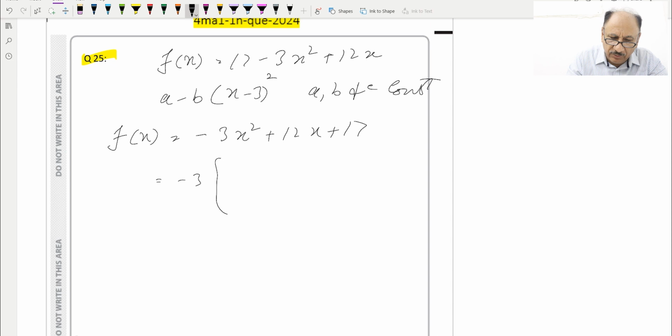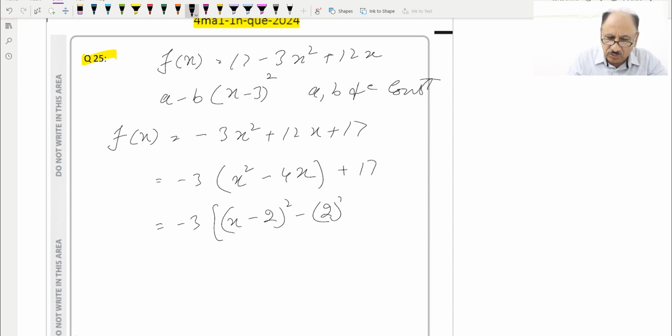If you have not properly done this, you will have to practice it first. So minus 4x, I will just take common from these two, so this one in the bracket over here, and plus 17 as it is, and minus 3. In this we can take x minus half of 4, which is 2, so (x minus 2) square and minus 2 square, plus 17.